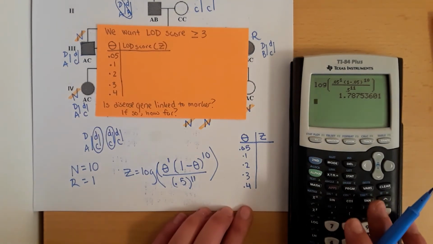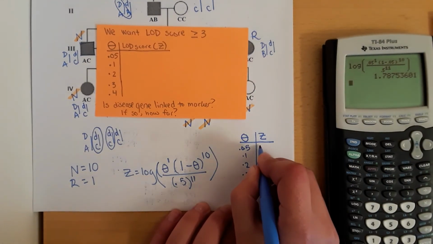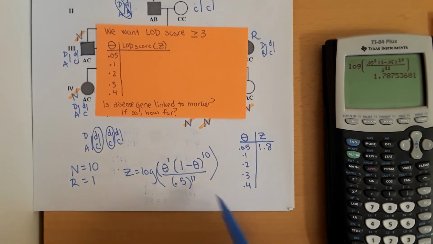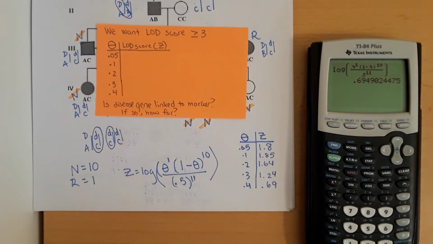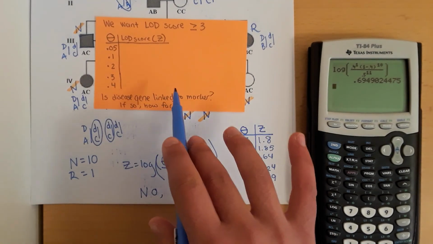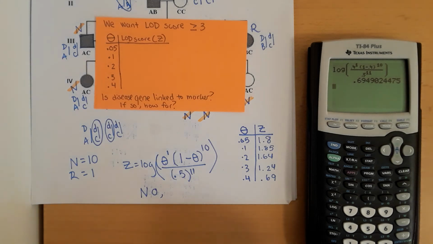And we get 1.78, or just 1.8. And then now go through and plug in everything. And after plugging in all of the values, we see that our LOD score is not greater than or equal to 3. So our answer is going to be no, the disease gene is not linked to the marker.